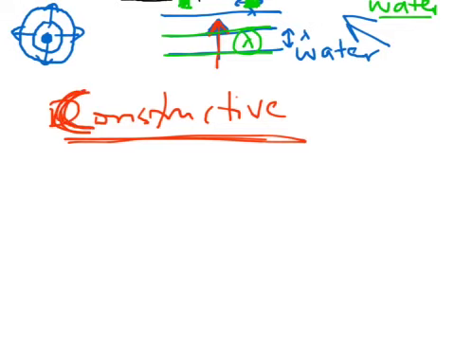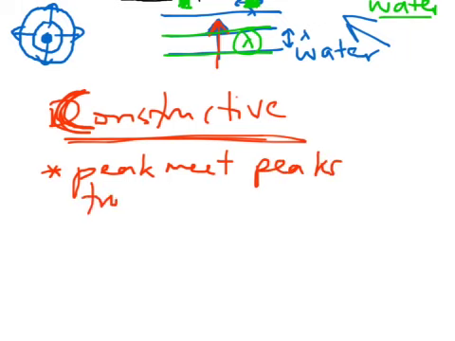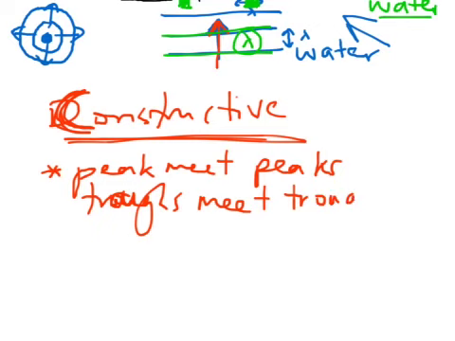For constructive interference to occur, we're assuming that initial setup with the waves having the same wavelength and so forth, but you have to have peaks meeting peaks and troughs meeting troughs. T-R-O-U, it's a bit hard on this. Troughs meet... there we go, it's better. Troughs, to produce constructive interference.